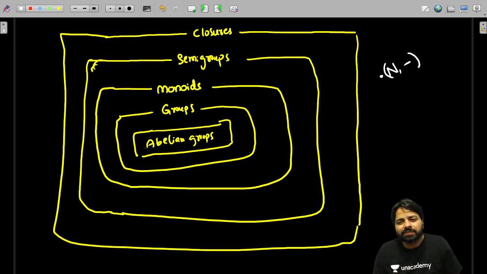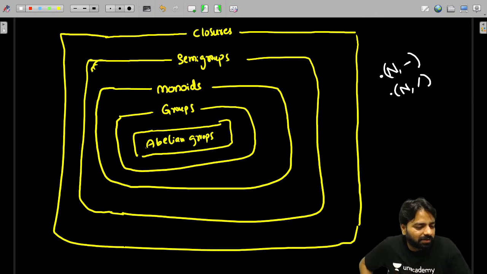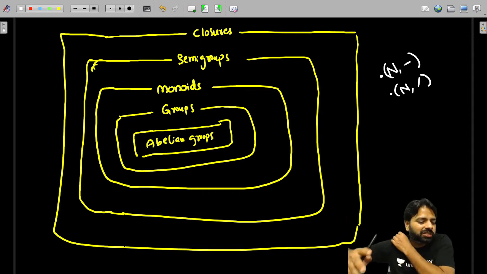Even N with division is also not closed, outside. And the remaining ones will be distributed here somewhere. Clear? Jayesh, is that clear? If any set is abelian, you can say group, monoid, semigroup, closure, all will be satisfied, because every abelian group is also present in the other structures.